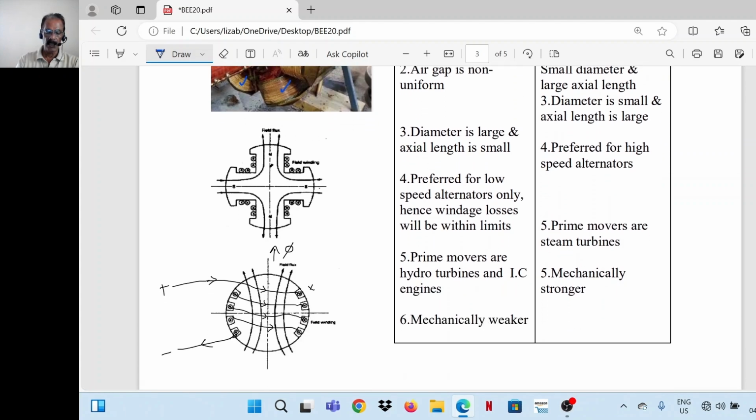Whereas the other type, the cylindrical rotor type, the surface is smooth. So here and here the field winding is not projecting out, it is in slots. Field conductors of the field winding are in slots on the periphery of the rotor. This is salient pole rotor. This is cylindrical rotor type.